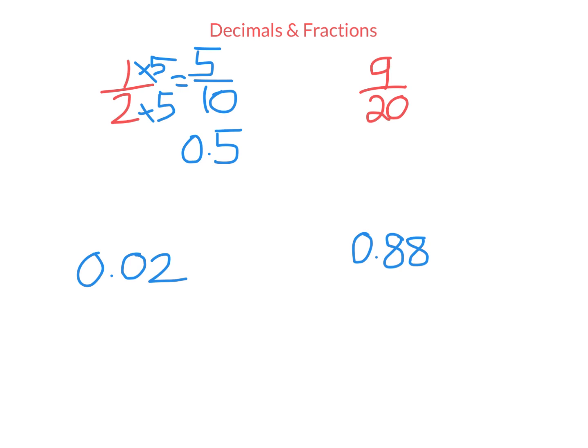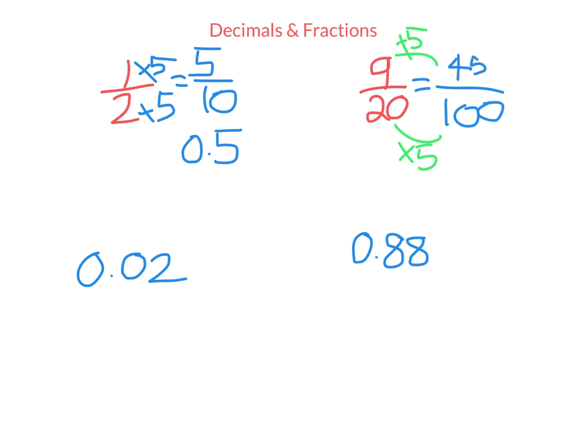So what about 9/20? I need to find an equivalent fraction whose denominator is a power of 10. Now 20 does not go into 10, but 20 goes into 100, which is a power of 10. So to go from 20 to 100, I need to times by 5. What you do to the bottom, you must do to the top. So if I times the bottom by 5, I must times the top by 5.